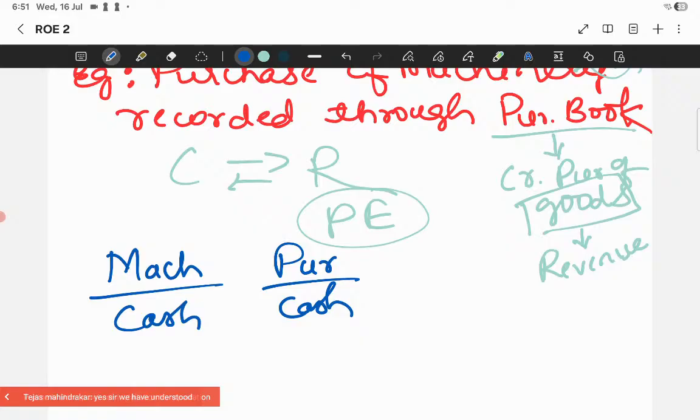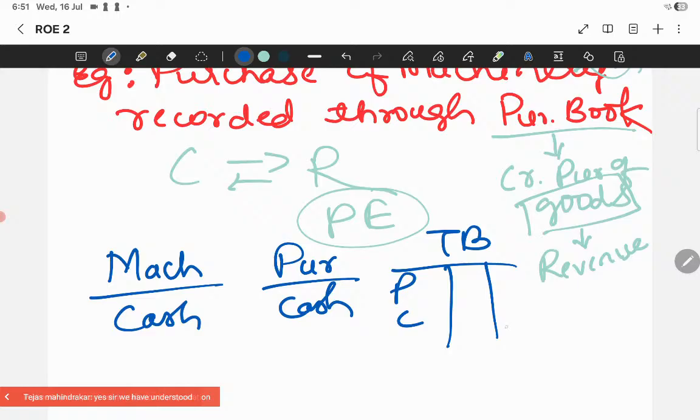Now what happens here is the amount is right because they have not mentioned anything about the amount, so we assume that the amount is rightly posted. When they prepare the trial balance, there were supposed to be two components, machinery and cash, but there will be purchase and cash. That's the only difference.